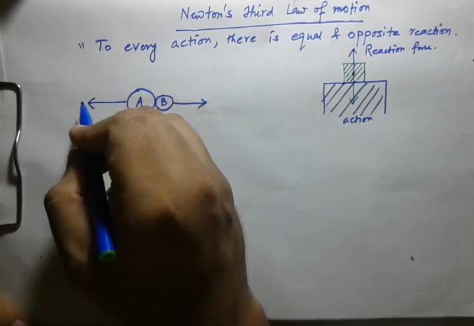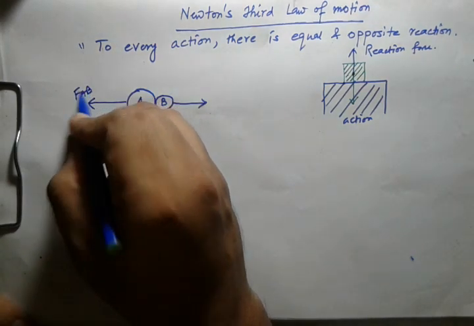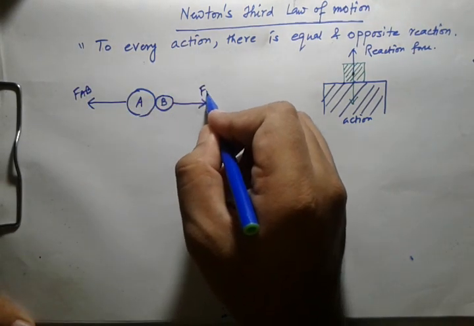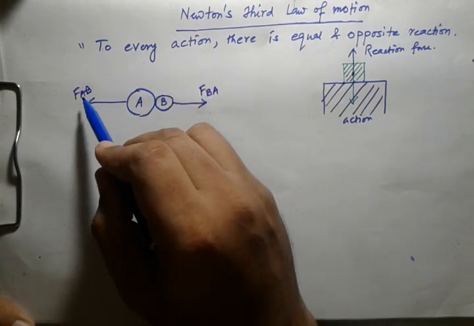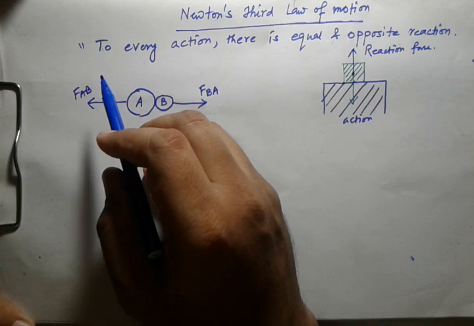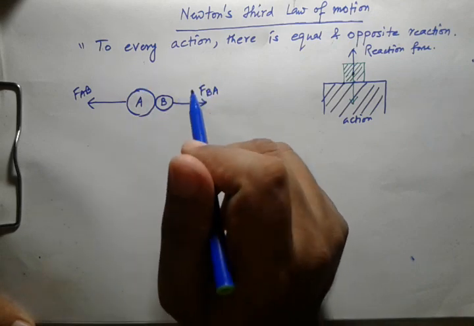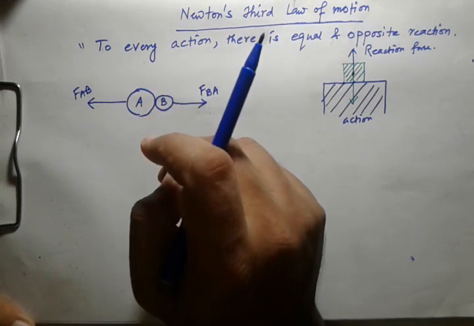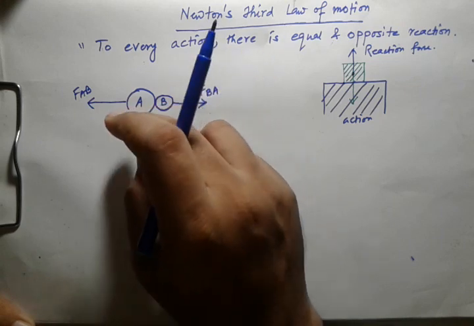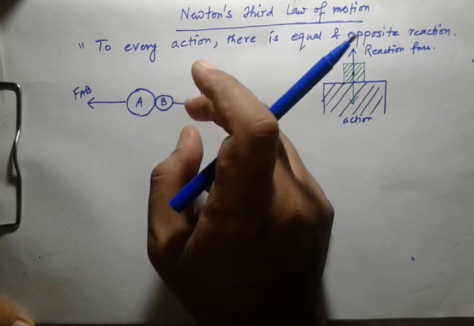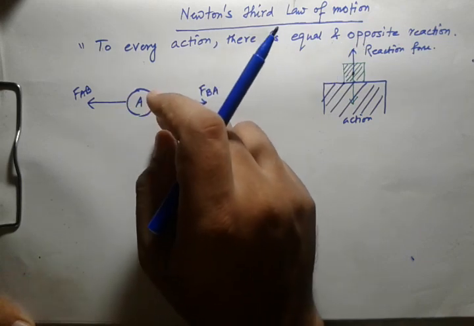This force is known as FAB, and this force is known as FBA. FAB is the force exerted by B on A, and FBA is the force exerted by body A on body B.